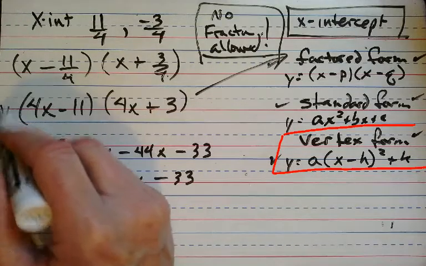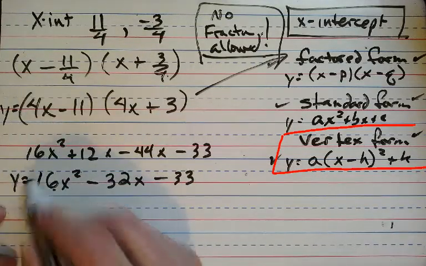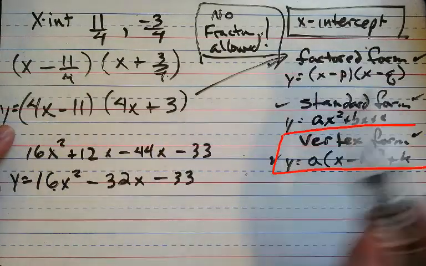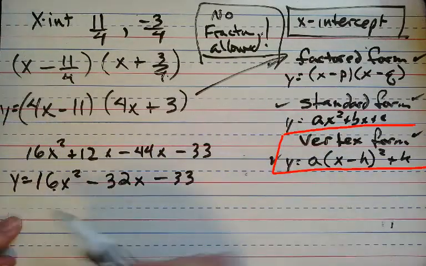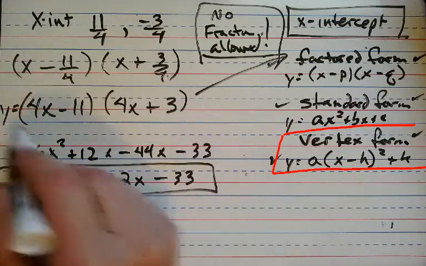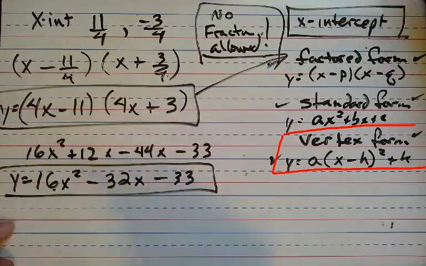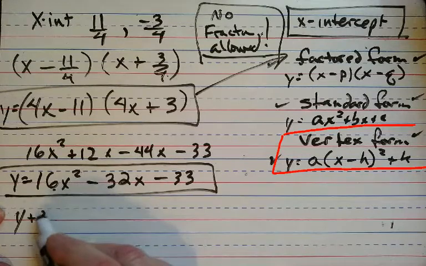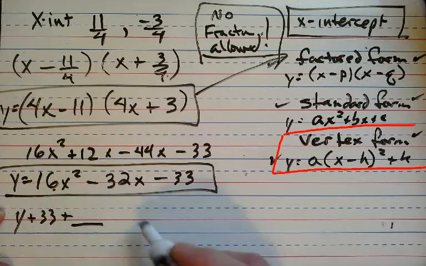Okay. So we have y equals 4x minus 11 times 4x plus 3. That's factored form. We have standard form. This is it. What is vertex form? Well, we have to add the 33 to this side. Right?